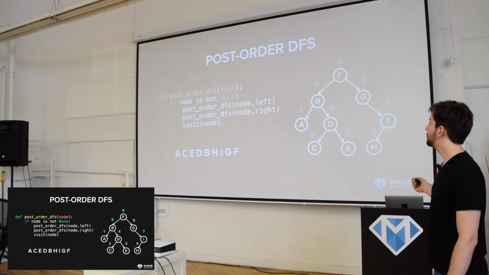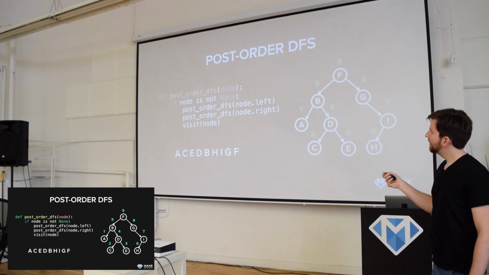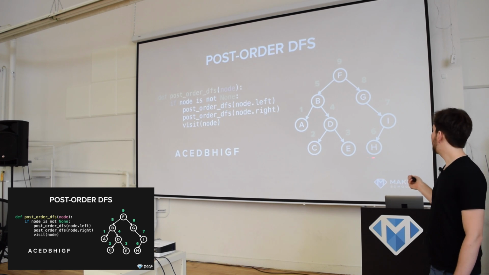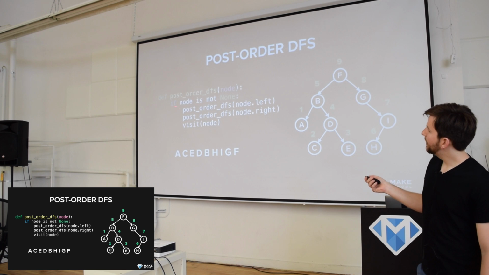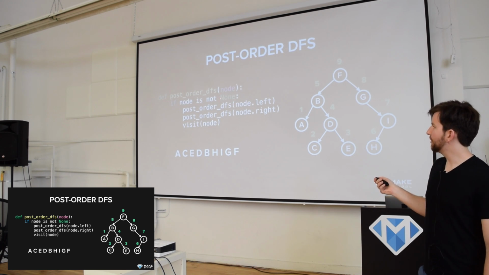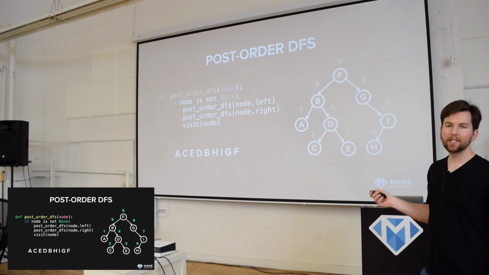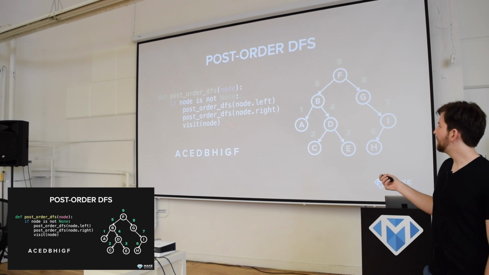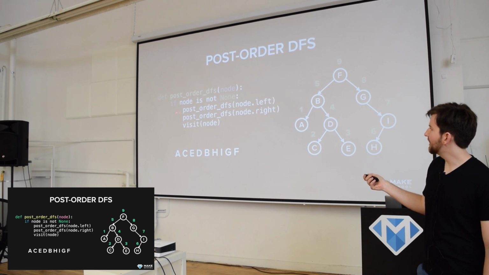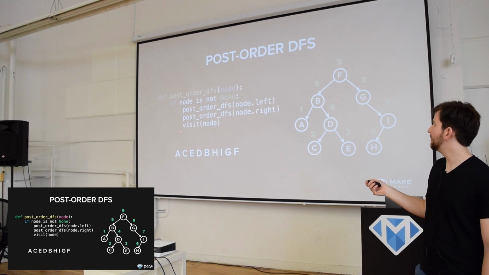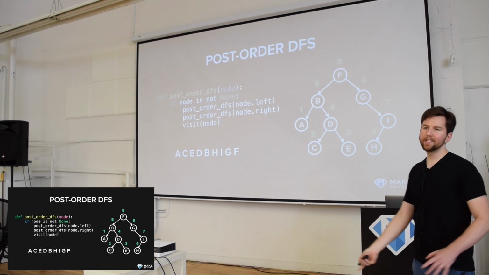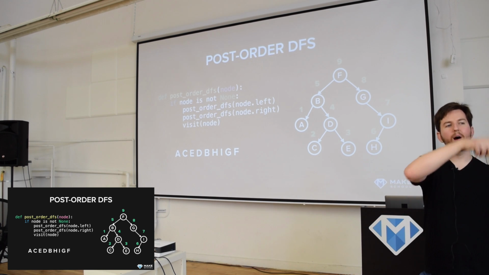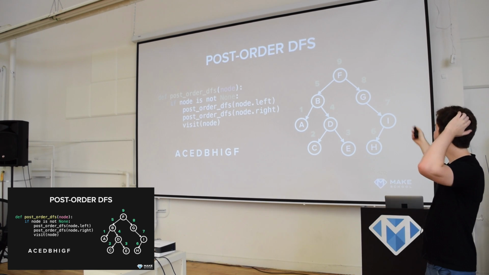And we're on H. H calls post-order depth-first search on left and on right, both are actually none. So this condition is never true for those children, and it never visits anything. But once that's finished, we are now here. We executed these two lines of code, and now we're here with H, so we print it. So why do we then pop back up and print I, G, and F?